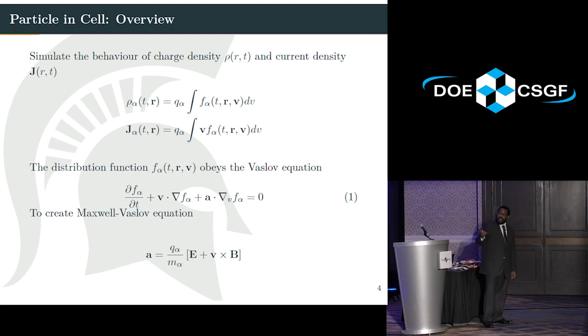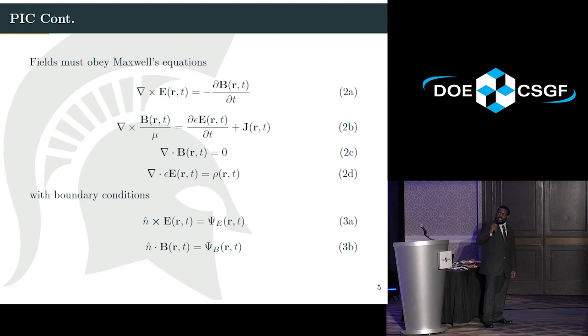And that force is applied by electric fields and magnetic flux density that has to obey Maxwell's equations, namely the 2 curl equations, Gauss's law, and our boundary conditions, which enforces the fact that the tangential component of our electric field needs to be continuous, and the normal component of our magnetic flux density has to be continuous. And that's going to be relevant later on.